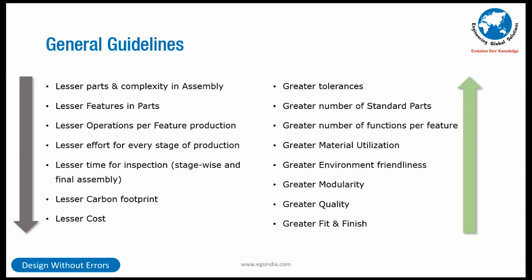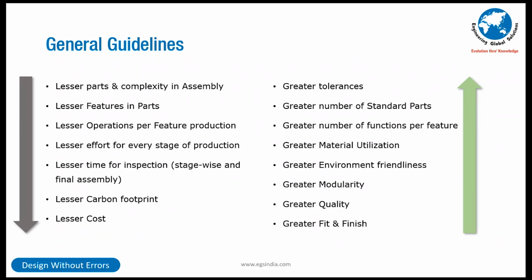And greater tolerances so that you maximize your tolerances, greater number of standard parts, greater number of functions per feature. If you put a feature on your 3D model, it has to address multiple functions so that the per feature cost comes down. Then greater material utilization. What do I mean by that? Lesser scrap. I look at how I can use the material effectively.